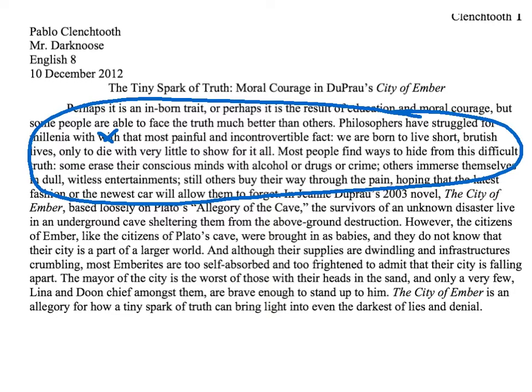I haven't yet gotten to the City of Ember, but I am preparing my reader, and those of you who've read the novel can clearly hear many of the characters in the novel behind these examples. The mayor is the clearest example of someone who has stolen and bought his way through his life in order to hide from the pain of the truth. Then, the introduction continues.